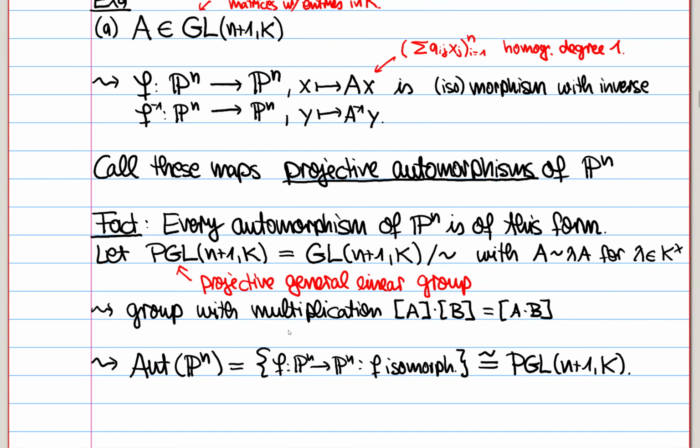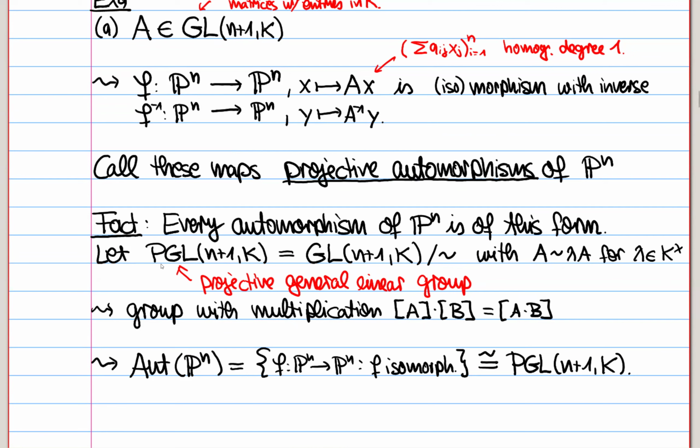This is the projective general linear group, and it's indeed a group. The multiplication law is just you take the equivalence classes and multiply them together, like this. And then by the argument which we have seen before, if you are just given the equivalence class of A inside PGL, in fact this projective automorphism F given here is independent of the choice of representative.